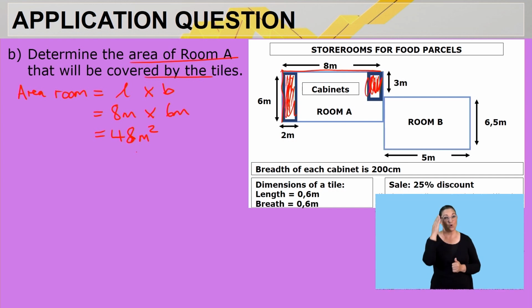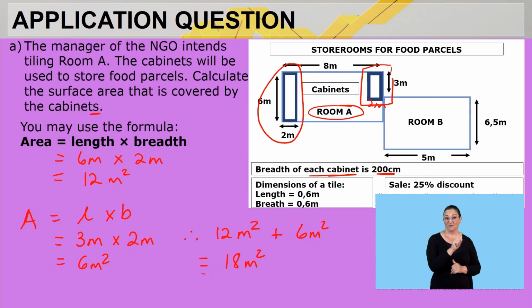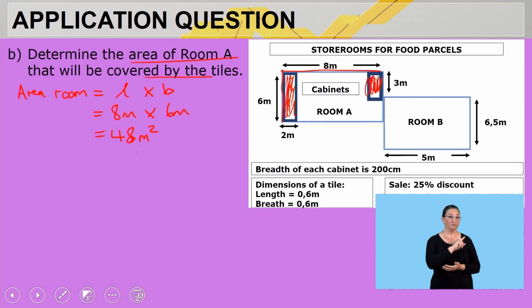We would like to know what is the area that will be covered by the tiles. Remember earlier on, if I look at question A, we said the part that's going to be covered by our two cabinets is 18 square meters. So I'll take my 48 meters squared, the area of the entire room, and I'll subtract the 18 square meters, the area of the two cabinets, right?